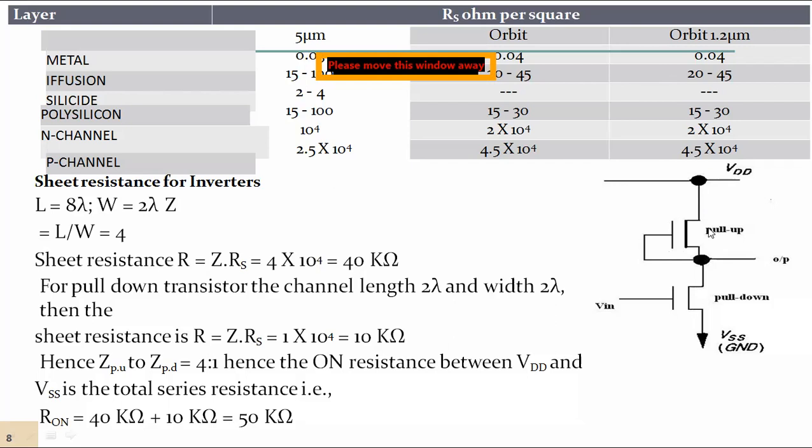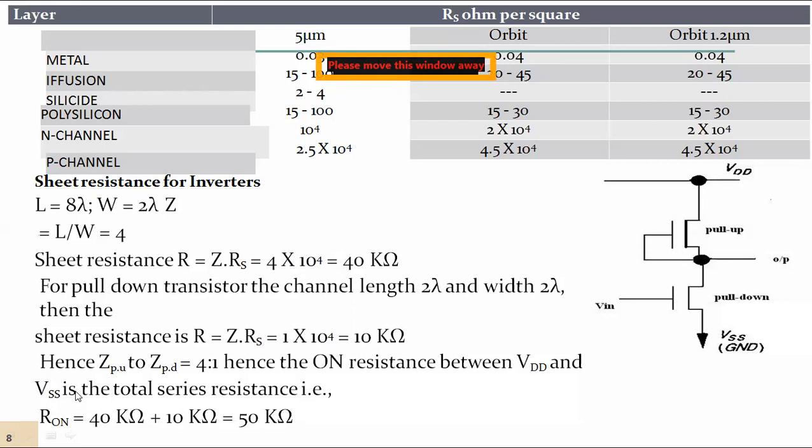To make a 4:1, you have to take L equal to 8 lambda and width equal to 2 lambda, that is L by W equal to 4. Okay, resistance R equals Z into RS. We already know Z is 4, and the sheet resistance of the NMOS is 10 to the power 4. These are the standard values. 10 to the power 4 is equal to 10 kilo ohms.